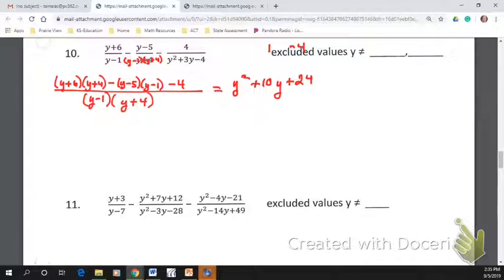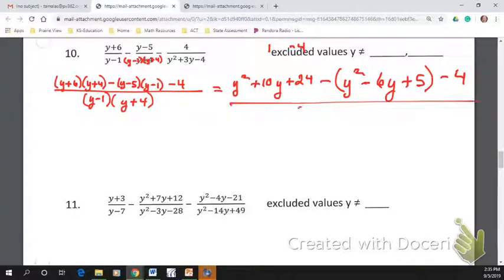Minus sign with a parenthesis, so I don't forget to change my signs: y squared, minus 5 and minus 1 is minus 6, and a plus 5. And a minus 4 in the end, all over my common denominator, which I could put in parentheses to show it's still there.